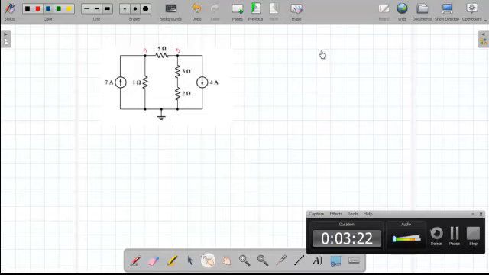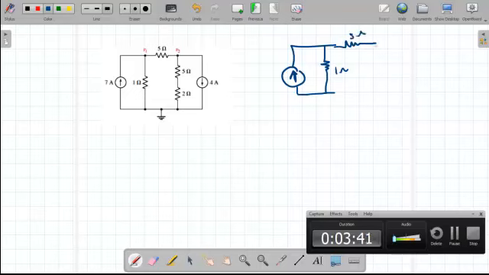So for the first case, the current source will be here, then this will be the 1 ohm resistor, and here the 5 ohm resistor, and here this will become 7 ohm. So this one V1', and here the 7 amp current source. We can find the current with the current divider.